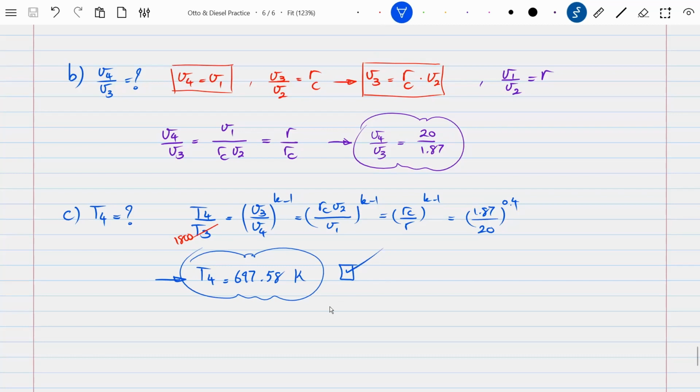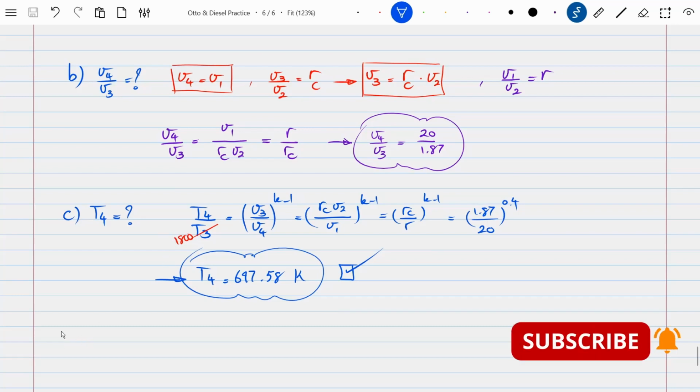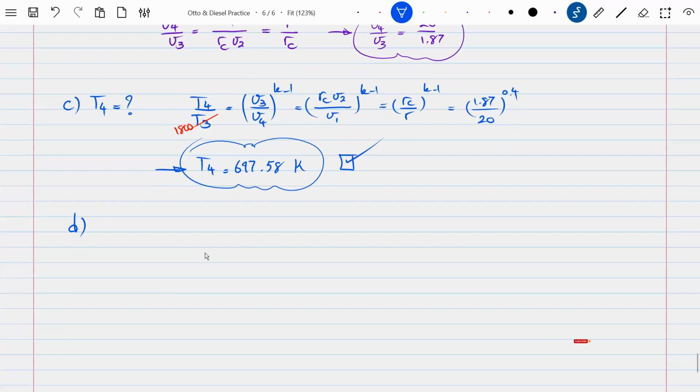Now, the question is not asking it, but let's say we are interested in finding the efficiency for this engine as well. So the equation for the efficiency of a diesel engine is very similar to that of the Otto cycle with a little bit of modification.